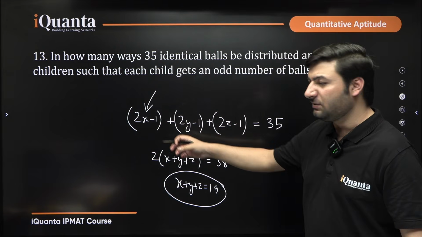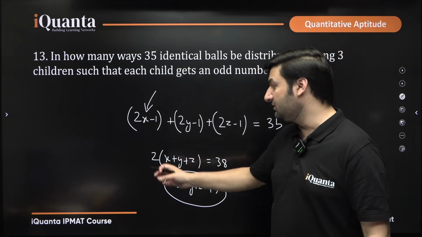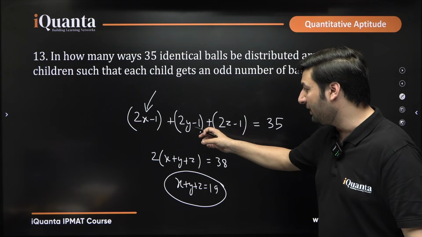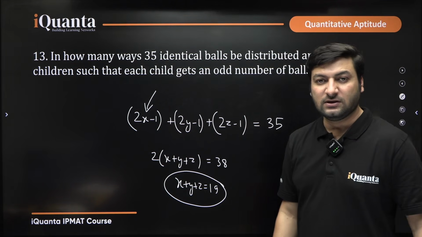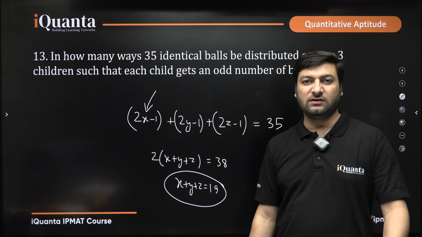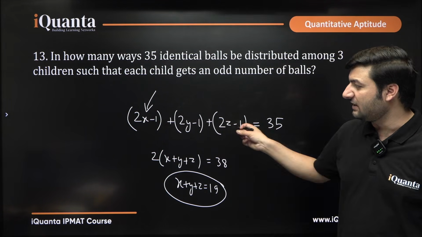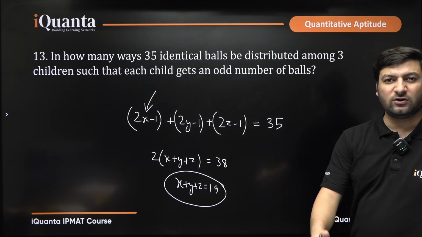When will this become less than 0? If you put x equal to 0, this becomes minus 1. If you put y equal to 0, this becomes minus 1. If you put z equal to 0, this becomes minus 1. So we cannot put the value of x, y, z equal to 0, because each child would be getting minus 1 balls, and that is wrong, because a child cannot get minus 1 balls.